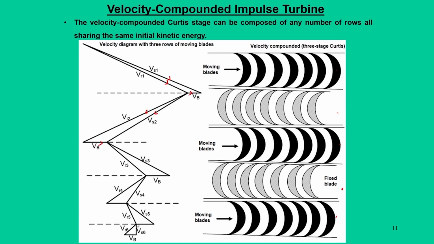Now, for the next set of moving blades it is Vs3 and Vr3 that is entering, and it gives the blade velocity Vb. And for these two we have Vr4 and Vs4. So, this gives the velocity Vb, and subsequently when you go to the last one, it is Vs5 and Vr5 and it gives Vs6 and Vr6.